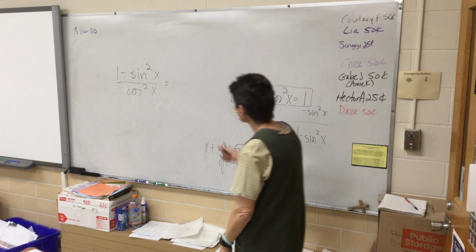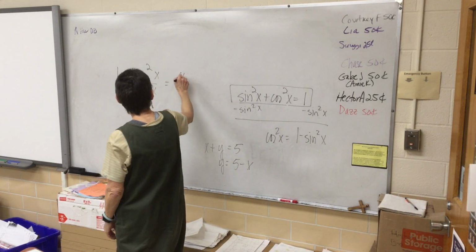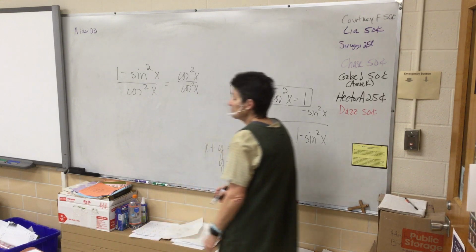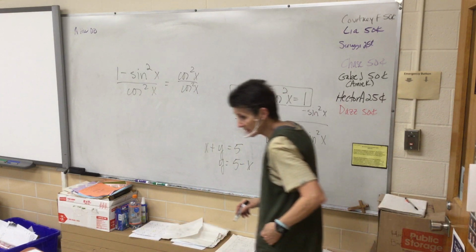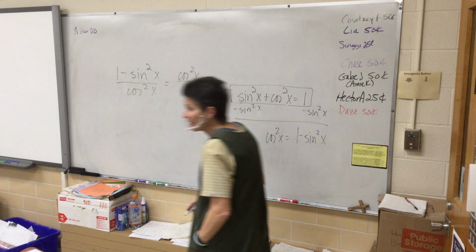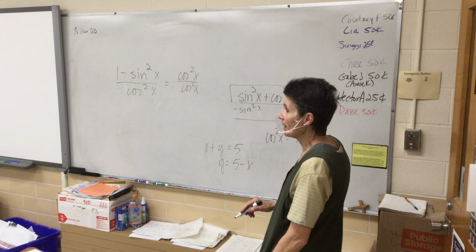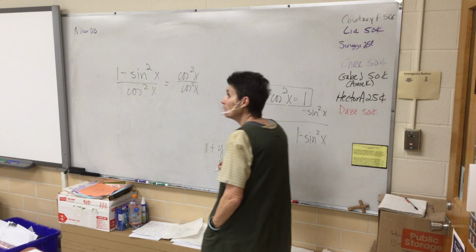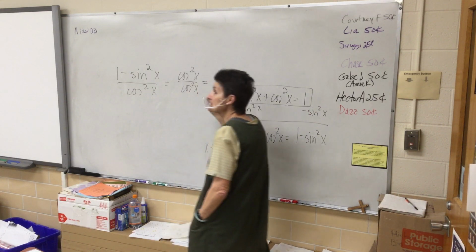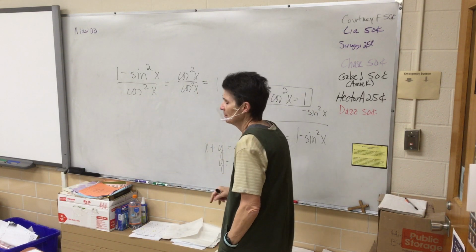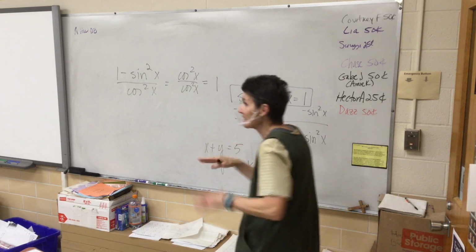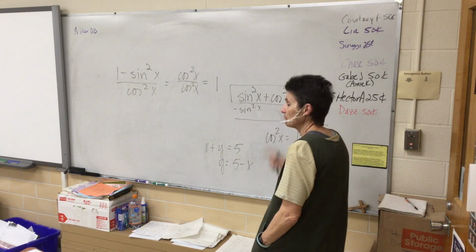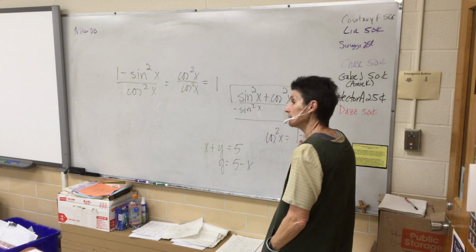So 1 minus sine squared is the same as cosine squared, so I'm going to make that cosine squared on top. Since I have a cosine squared on the top, and I also have a cosine squared on the bottom, there's nothing left, one. We never have just nothing. If you cancel everything out, you have one. So you don't just leave it blank, put a one. Okay? And that's it.